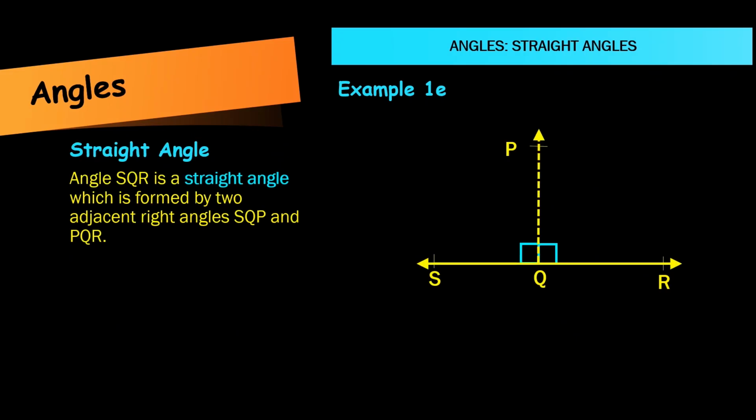In this diagram, the angle SQR is a straight angle which is formed by two adjacent right angles, SQP and PQR. So the measure of angle SQR equals the measure of angle SQP plus the measure of angle PQR.